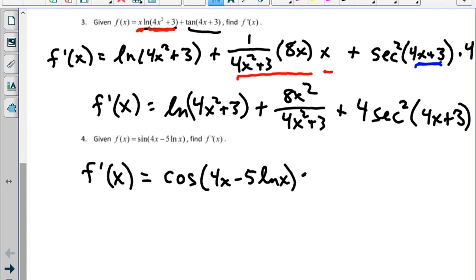So we're going to multiply this by the derivative of the inside, and the derivative of the inside is 4 minus 5 over x, because the derivative of 4x is 4, and the derivative of 5 natural log of x is 5 over x. So cosine of 4x minus 5 natural log of x times 4 minus 5 over x is that derivative.